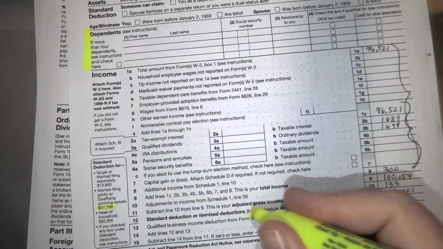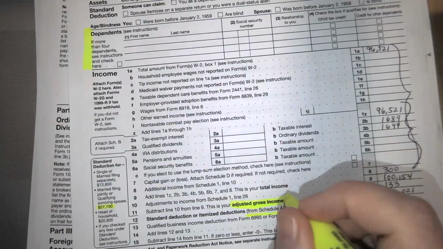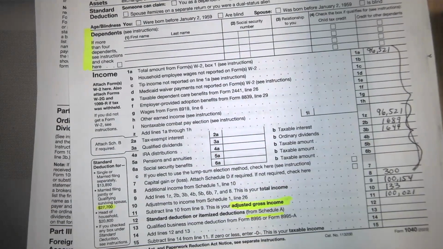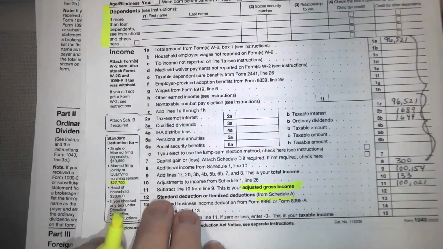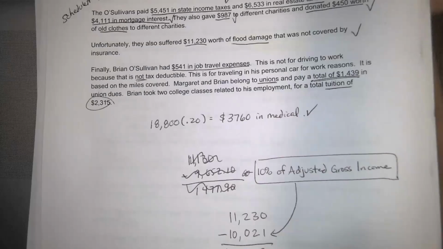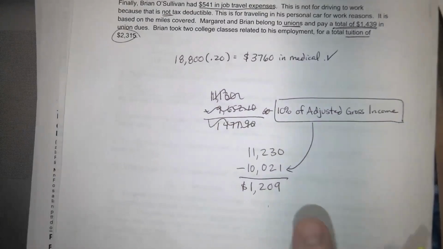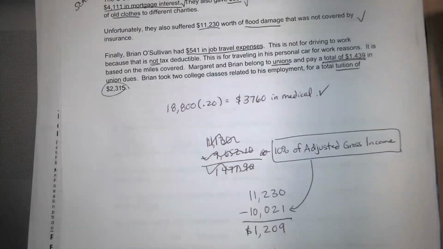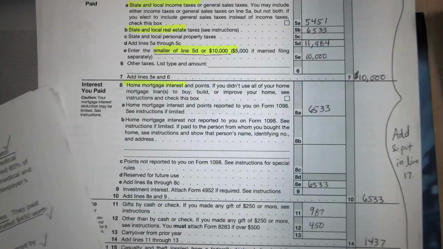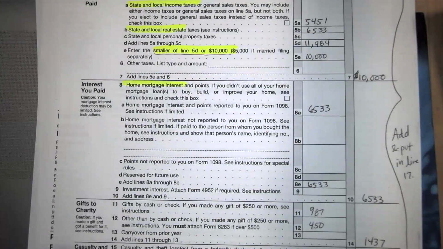So right here, adjusted gross income. That's the $100,021, okay? So 10% of that, just move your decimal one place. Subtract those, that's what we can write off for the casualty and loss. So we put that in, 1209, and then all the travel expenses, union dues, tuition, add those all up.